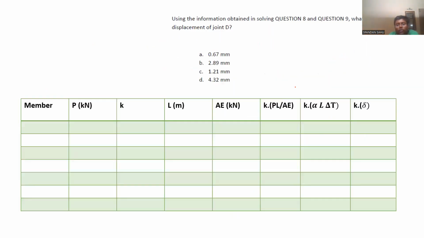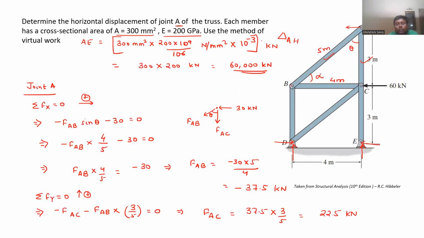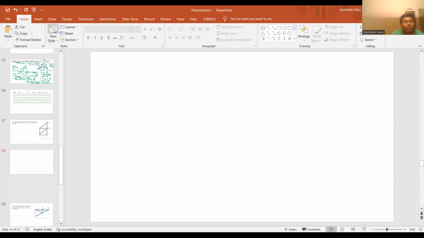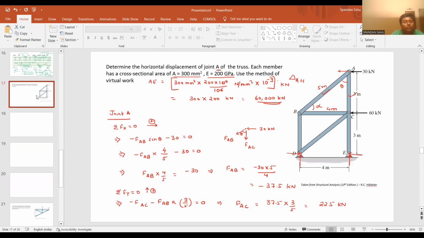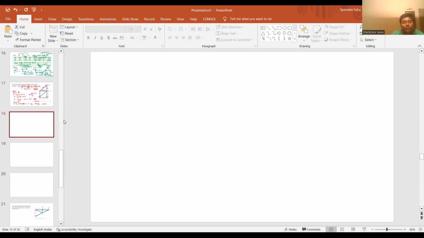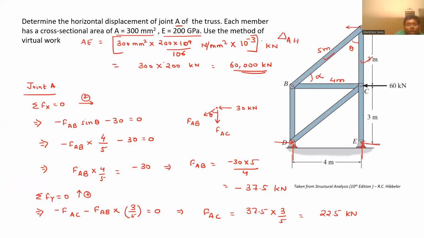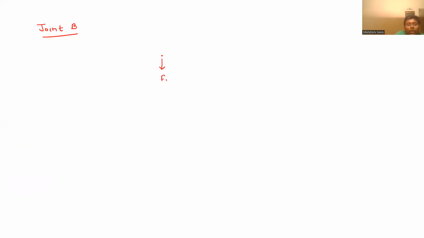Now let us move to joint B. At joint B, the BD member force FBD will come in the downward direction.